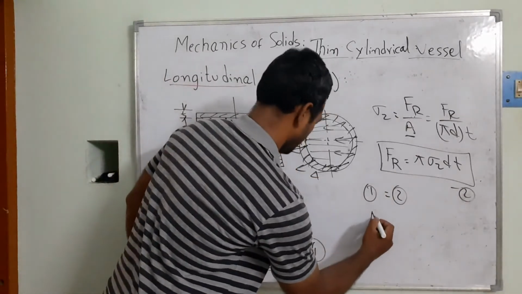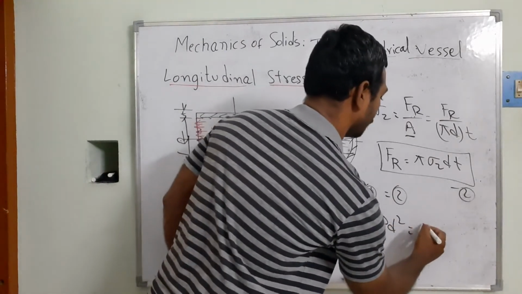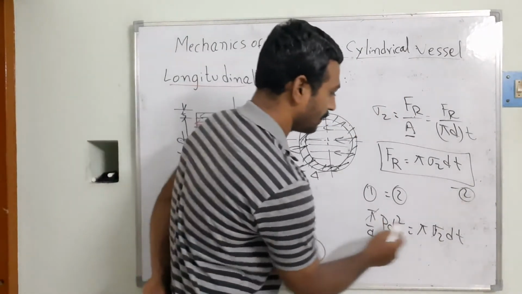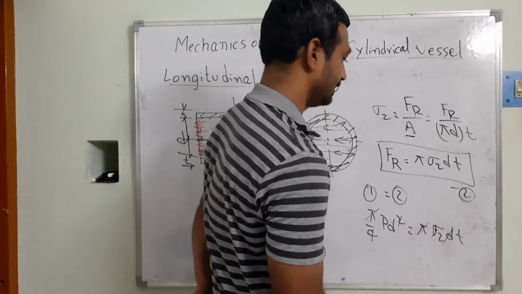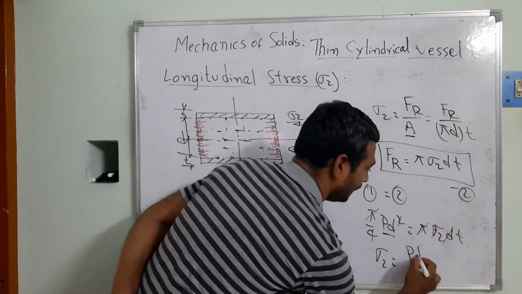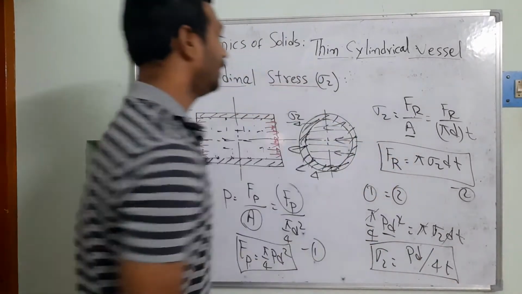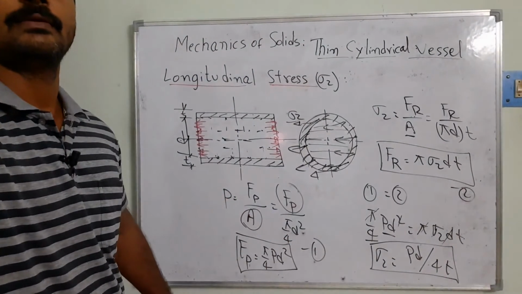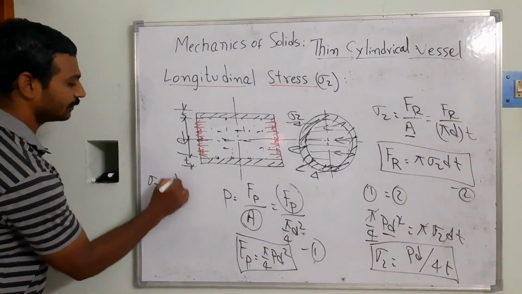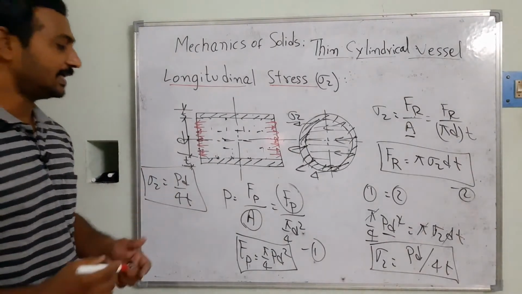So pi by 4 p d square is equal to pi sigma 2 d t. Pi is cancelled and one d is cancelled. So sigma 2 is equal to p d divided by 4 t. This is the stress developing inside the material. So sigma 2 is equal to p d by 4t. Clear?